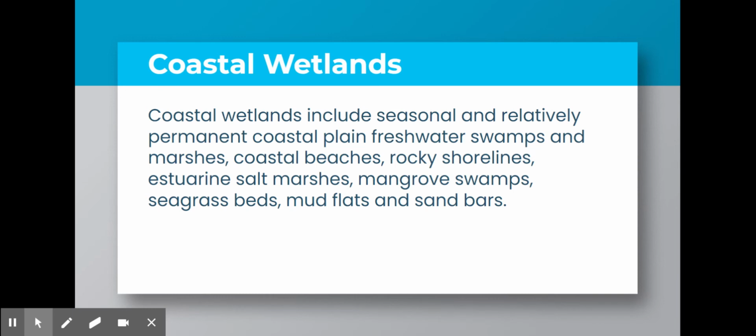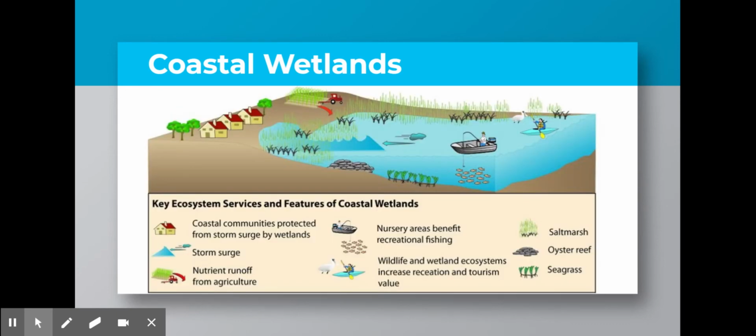Coastal wetlands include seasonal and relatively permanent coastal plain freshwater swamps and marshes, coastal beaches, rocky shorelines, marshes, mangrove swamps, mud flats, and sandbars. And you can see that there are a lot of ecological services and features that they provide. They provide protection from storm surges.